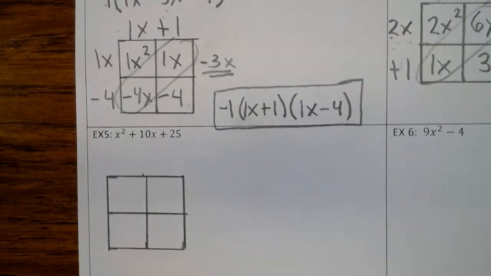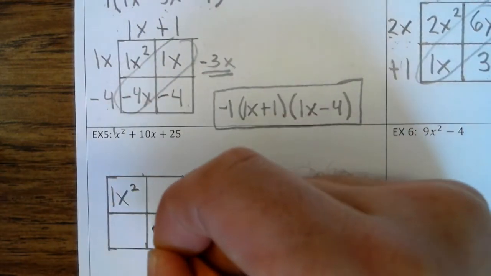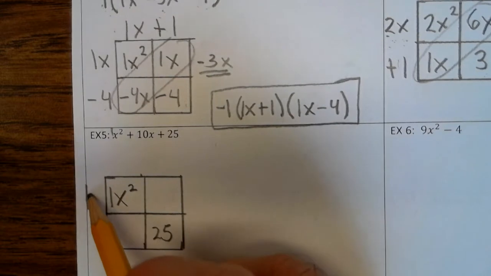All right, so first term, last term. And again, this is going to be significantly easier than example 4 because we have 1x and 1x.